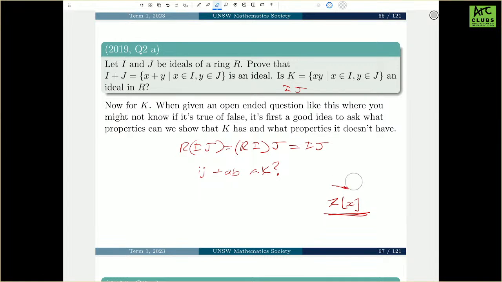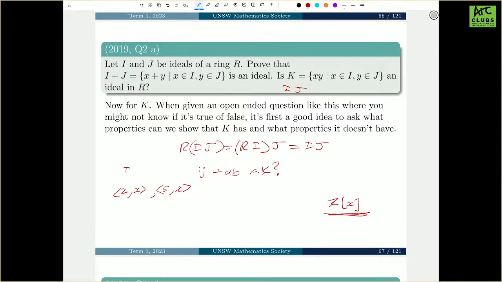Okay, yeah, consider Z[x]. Let me just take two ideals that aren't generated by one element. So I'll take (2, x) and I'll take (5, x), say.